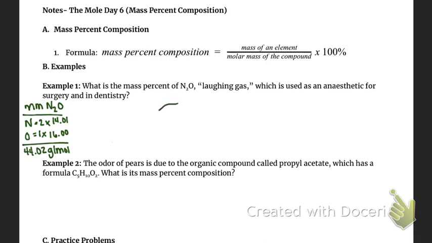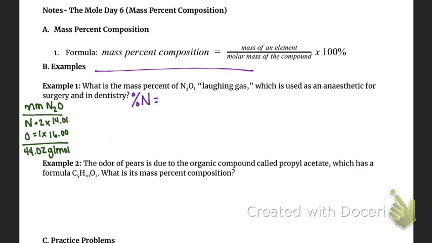The next step is two calculations: figuring out what percentage of the compound is nitrogen and what percentage is oxygen. When I set this up, I use the formula from above. I usually label it with what it is instead of just writing percent, because you're going to have more than one element you're solving for. In this case, it's nitrogen.